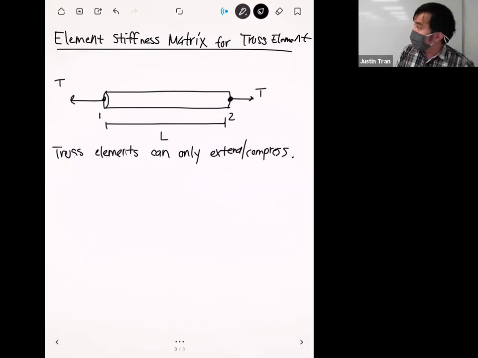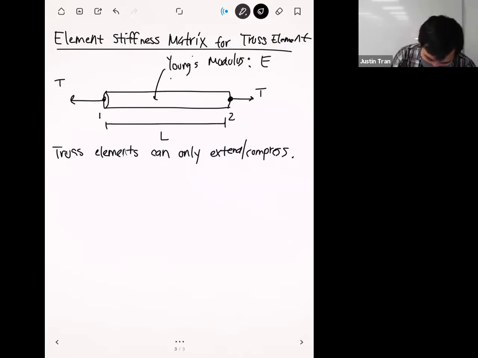In addition, we know the geometry of the truss element: we have a length L. We also know the Young's modulus, given by the symbol E. And we also know the cross-sectional area, which we'll give the symbol A. For now, we're not going to consider the effects of different cross-sectional shapes. We're just going to lump it together with a single cross-sectional area A.